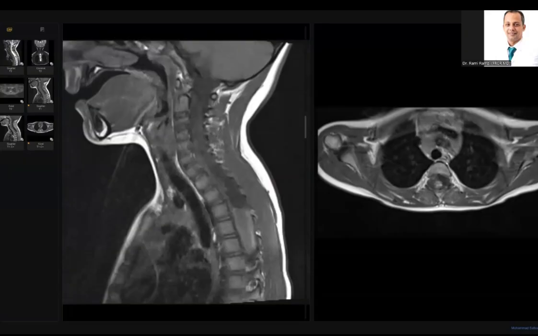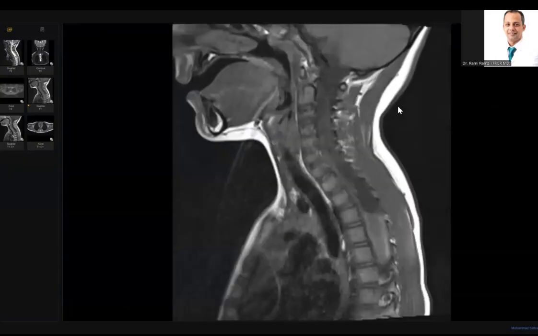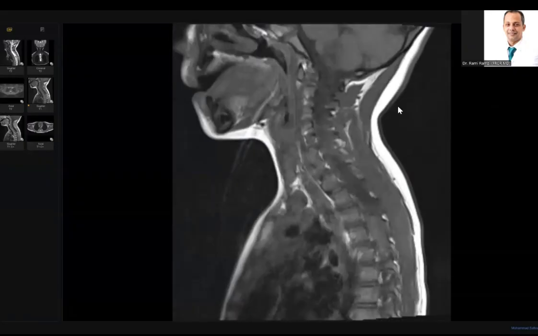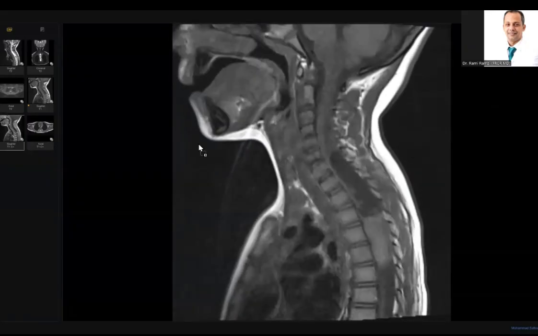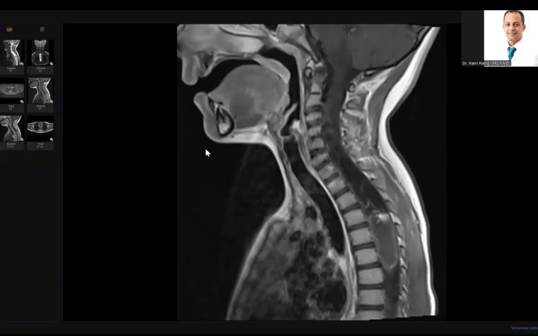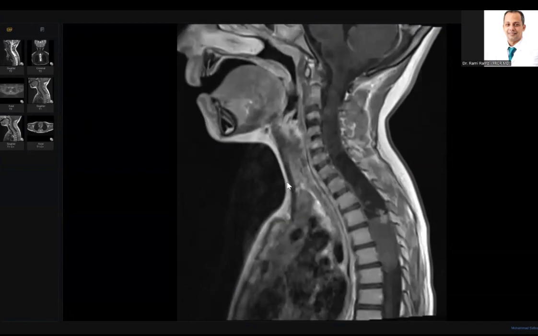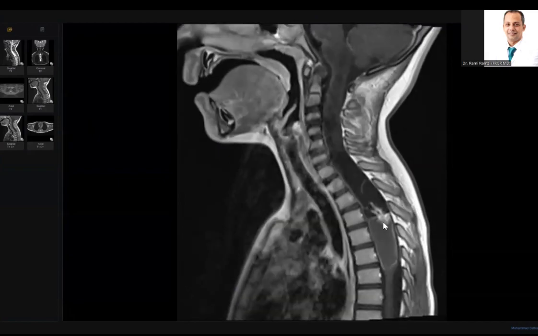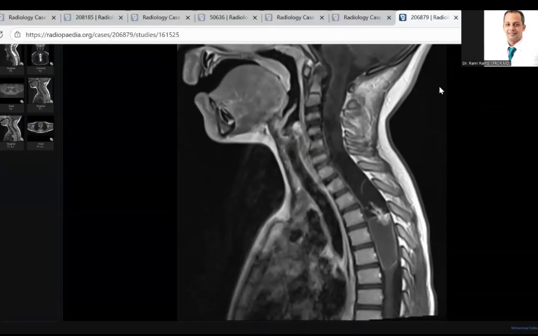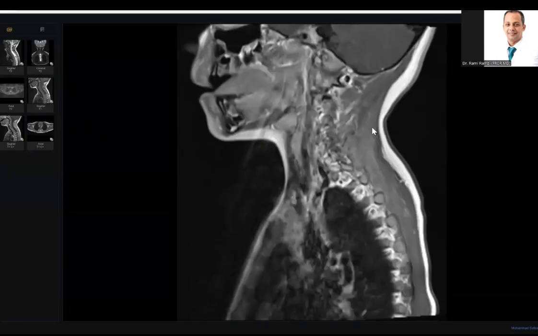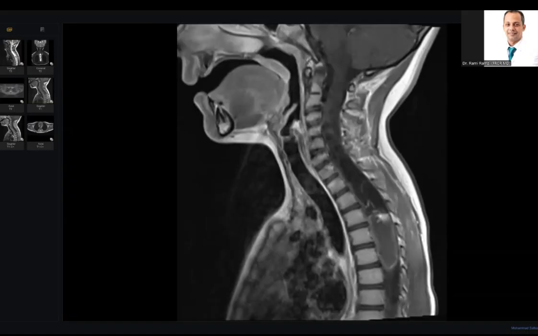Doctor, this is maybe due to the fat, it may be dermoid. Especially if you look here in the post contrast, nearly no enhancement. This is almost fat. Okay, look here, I will show you both.